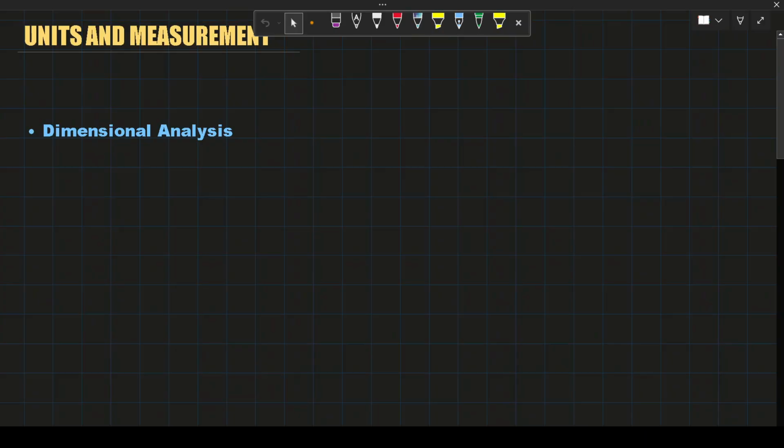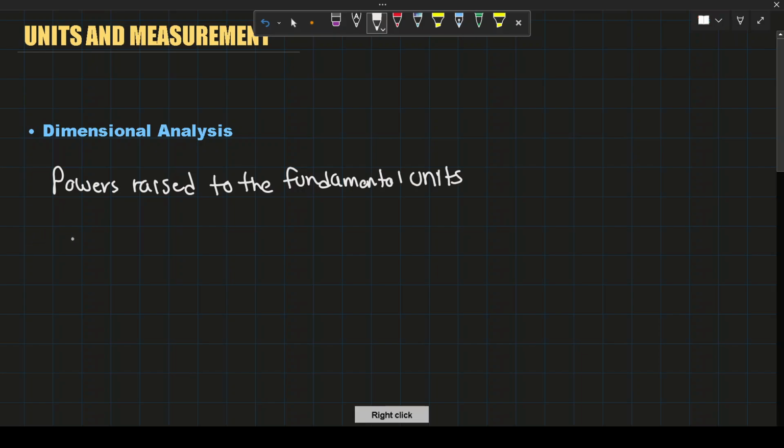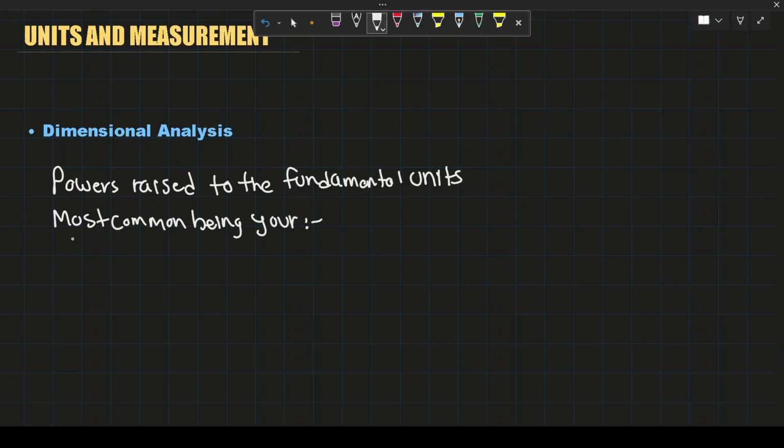Dimensional analysis. So dimensional analysis is basically the powers raised to the fundamental units. The most common ones being your length, mass, and time.